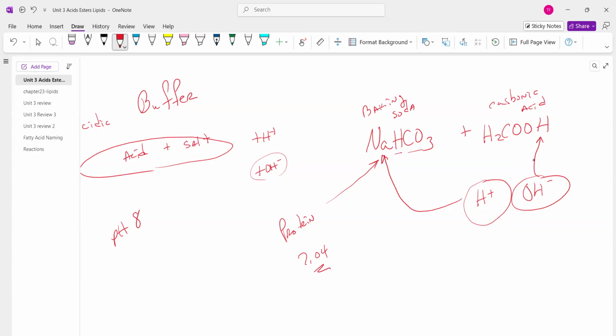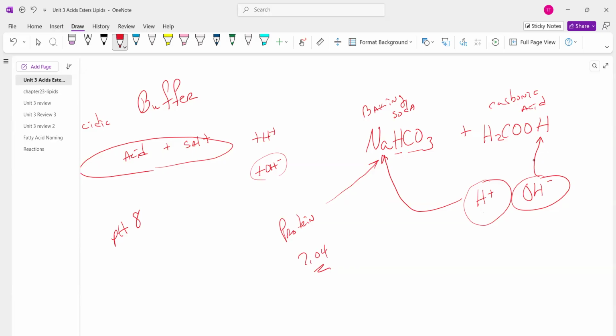If we don't have enough acidity in our blood, that means we have too much OH, and the H is neutralized by the carbonic acid. So both are present and go back and forth depending on the conditions.